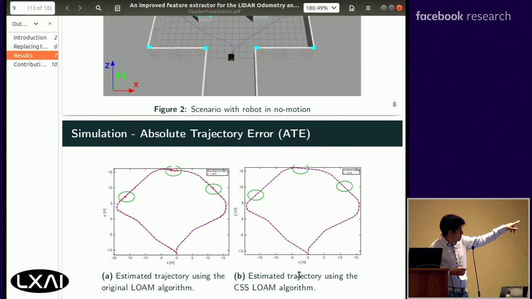It's not as smooth as the picture on the right, which is the modified version of the algorithm. So that made me conclude that the high sensor range noise was negatively affecting the original LOM algorithm.